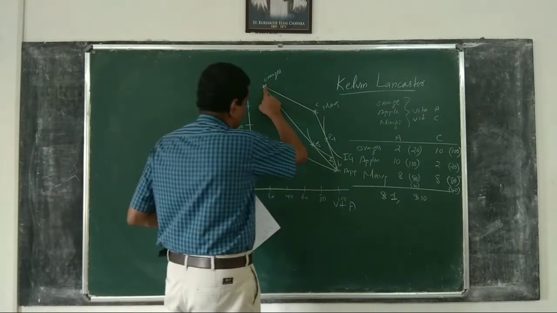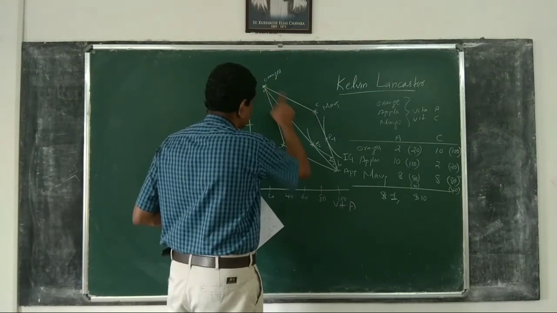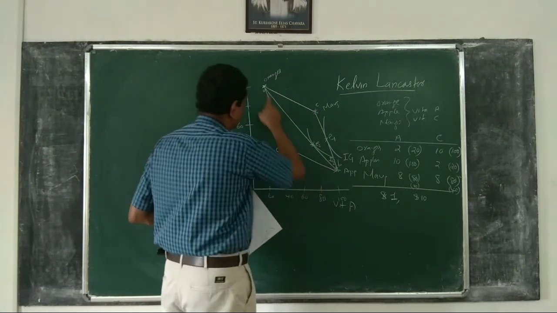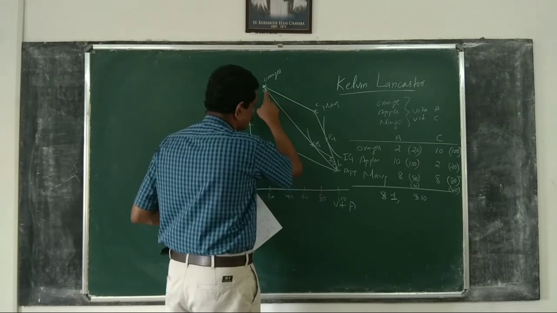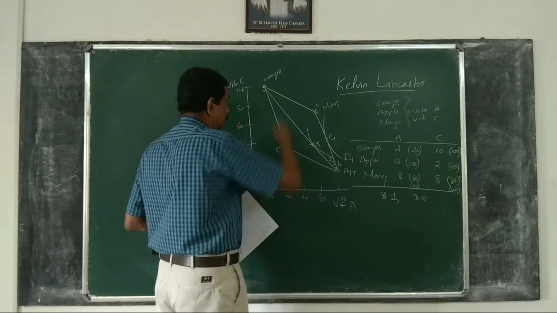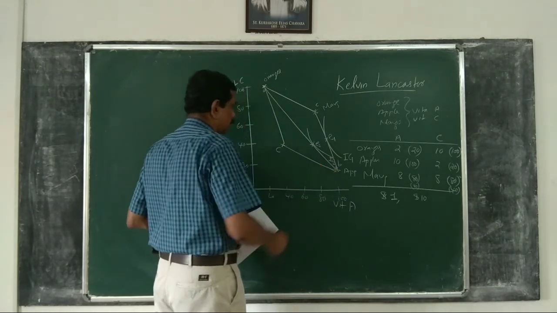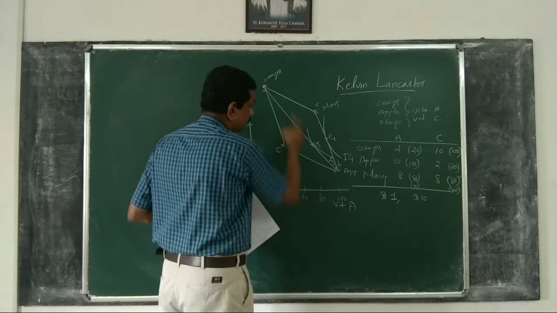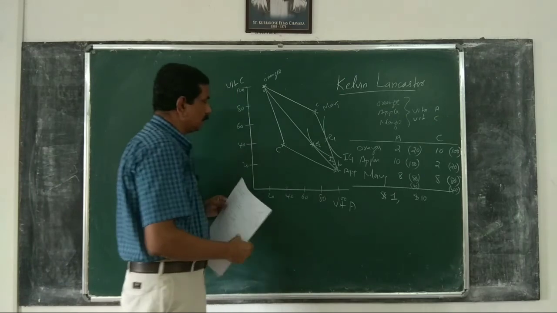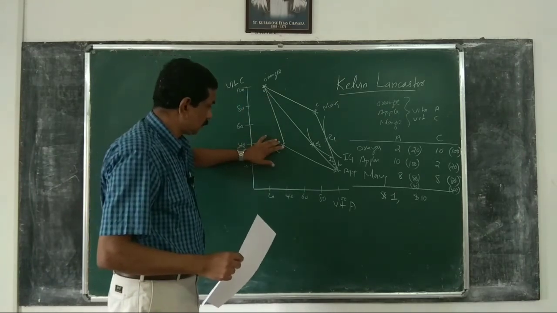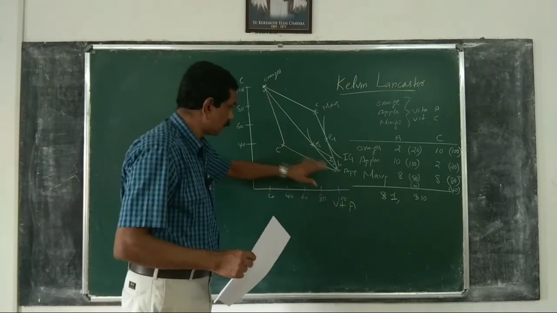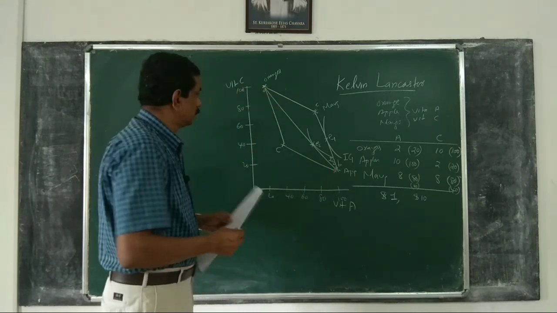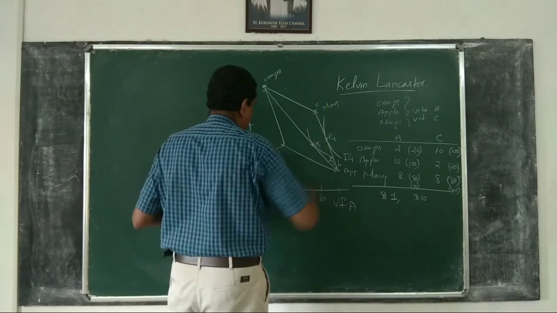Initially, the budget lines were oranges and mangoes, AC, mangoes and apples, CB, and oranges and apples, AB, and AB was not relevant. Now AC is not relevant, CB is also not relevant. What is relevant is AB, as the price of mangoes doubles.